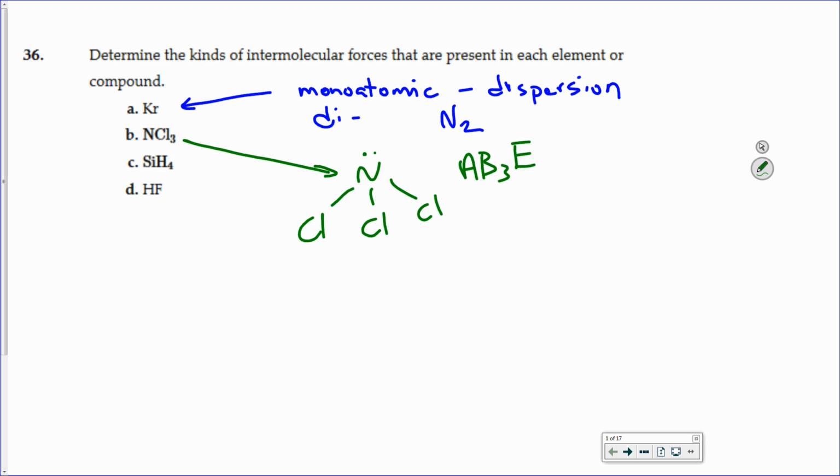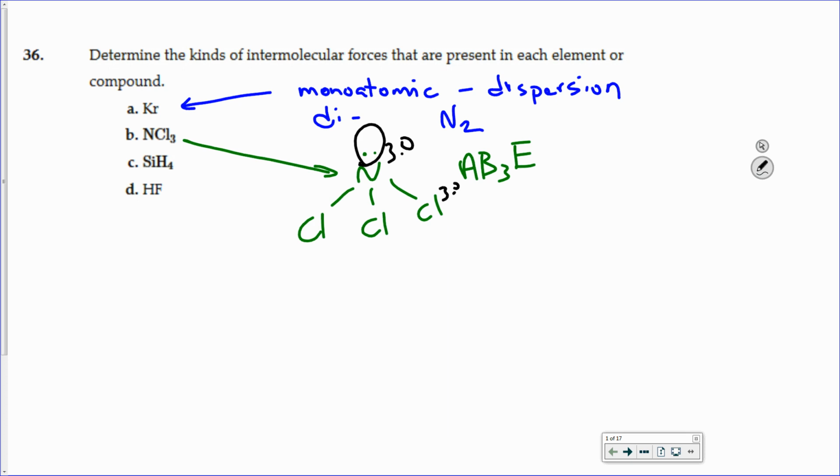And if I think about the values for the electronegativities, to think about where the dipoles are going to go: nitrogen is 3, and chlorine's also 3. So there's really not much of a pull of electron density away from one and toward the other. Where the pull comes from is the influence of this lone pair of electrons.